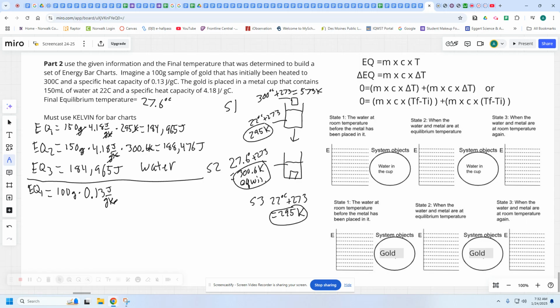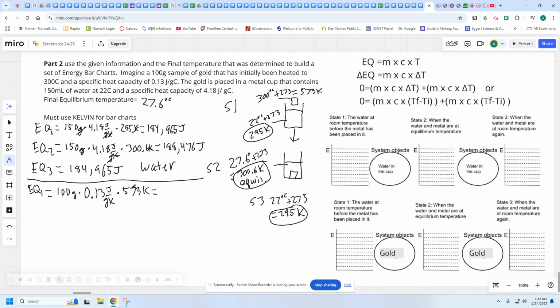And again, I'm using Kelvin because I'm requiring people on the bar charts to put it in Kelvin to avoid zero EQ and negative EQ calculations. The temperature of the gold in the initial state is when it's been heated, and the directions said it was 300 Celsius. We calculated that in state 1, and we added 273 and got 573. So I'm going to multiply it times 573 Kelvin.